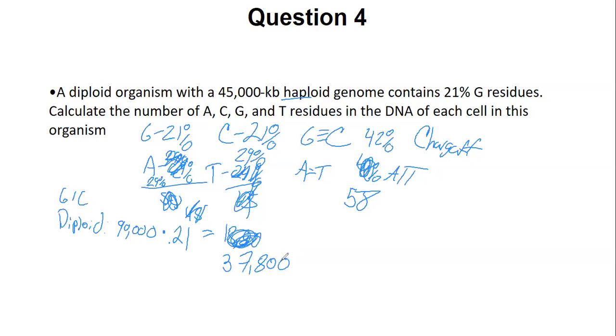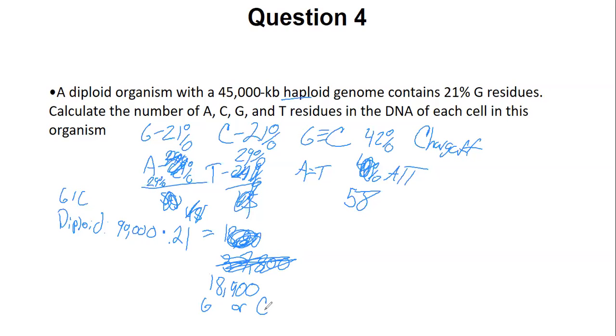So that's the amount of G, and that's the amount, no, sorry, I'm all over the place. 18,900, I'm skipping a step. So that's the amount of G or the amount of C, right? So that's how much of G and C.